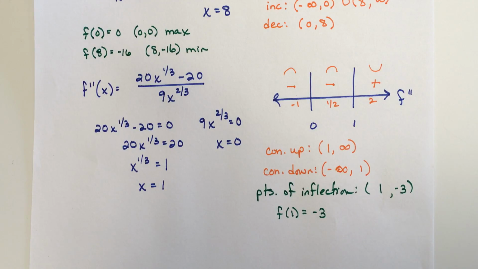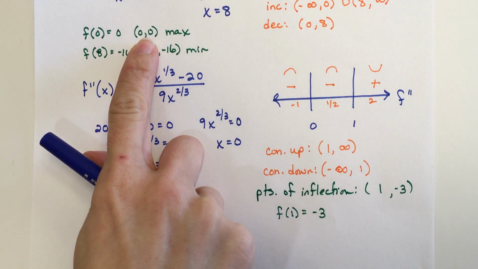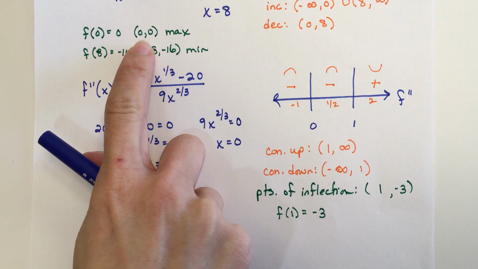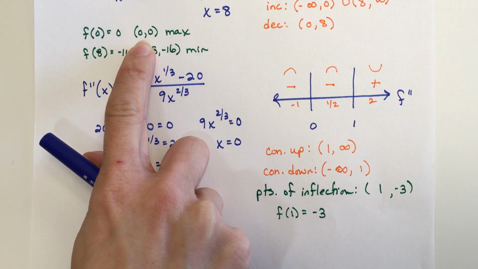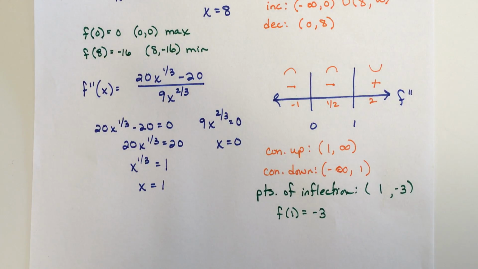Now, x and y intercepts. Obviously, we know our y-intercept, and that's because back up here, you notice we have the point (0, 0). So that has to be my y-intercept. Of course, these are functions, so you can only have one y-intercept. But it's also an x-intercept. But there may also be other x-intercepts, okay? And actually, you do have another one here.